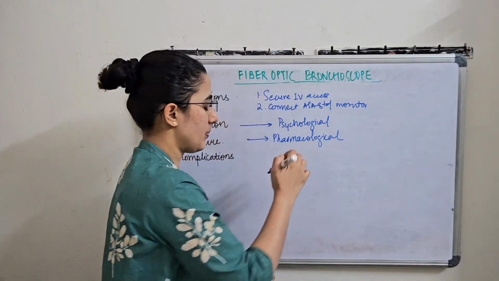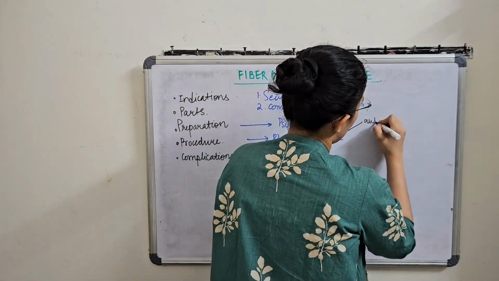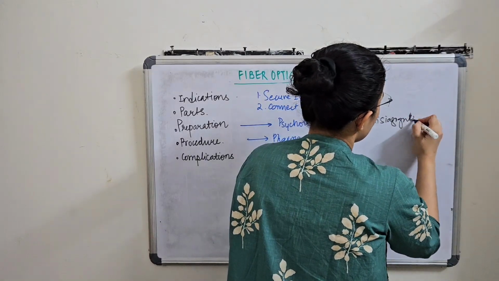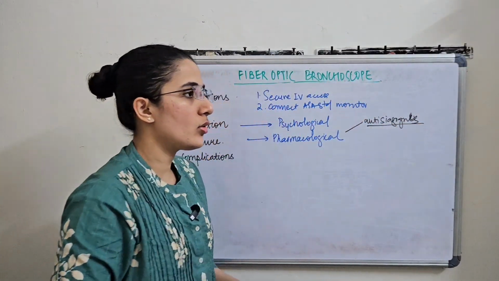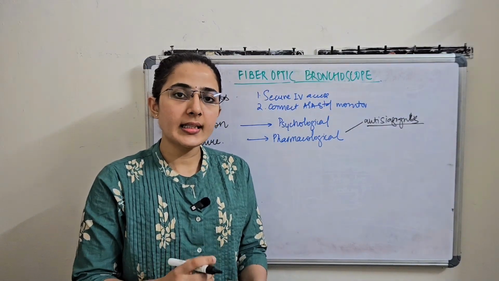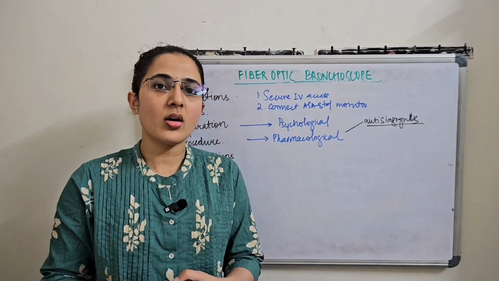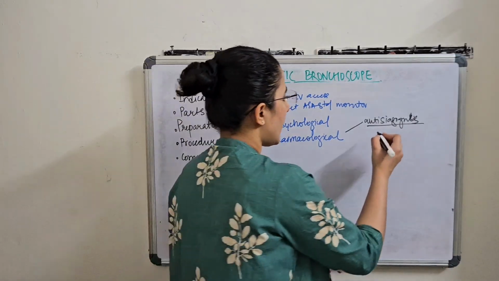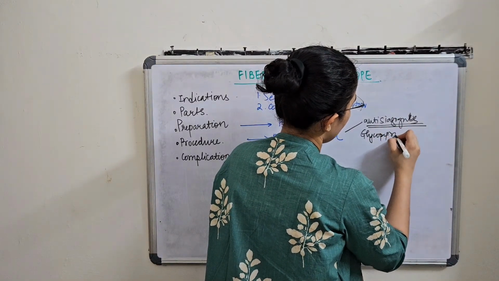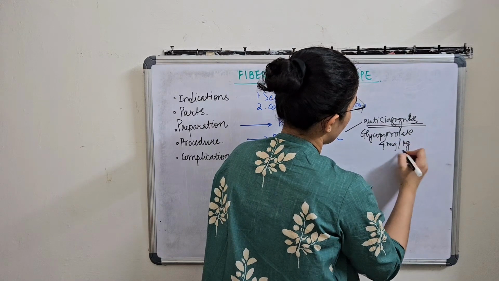In pharmacological preparation, first we have the anti-sialogogues. These are basically to dry up the secretions and also help in decreasing the dilution of the local anesthetics with the mucus or the saliva. Anti-sialogogues, we most commonly use injection glycopyrrolate, 4 microgram per kg body weight.